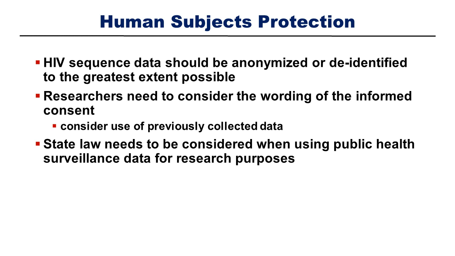The researchers should also consider specific wording in the informed consent, and whenever possible use previously collected data. Also be aware that state law needs to be considered when using public health surveillance data for research purposes. That's not the subject of today's lecture, but I think that's important as we go forward, that we're not just governed by federal rules, but also state rules around the country.